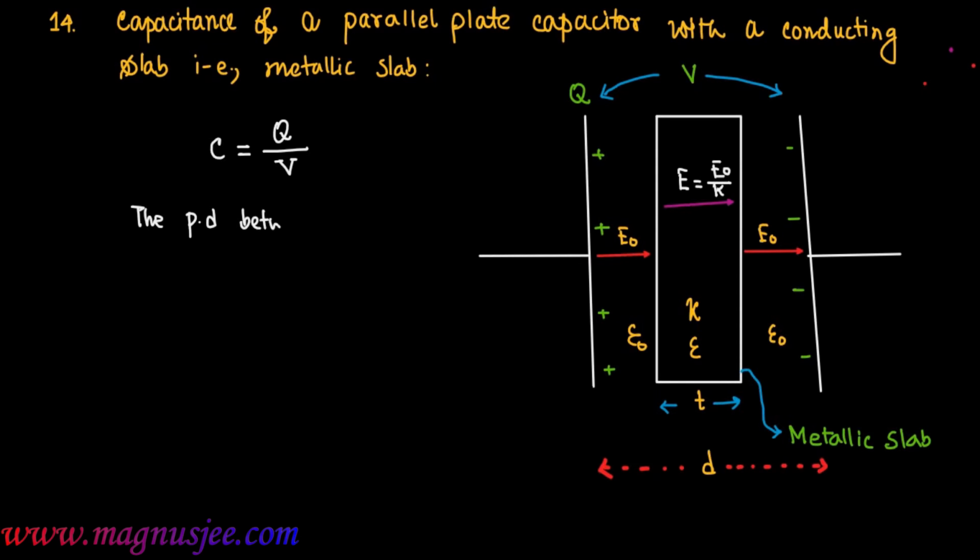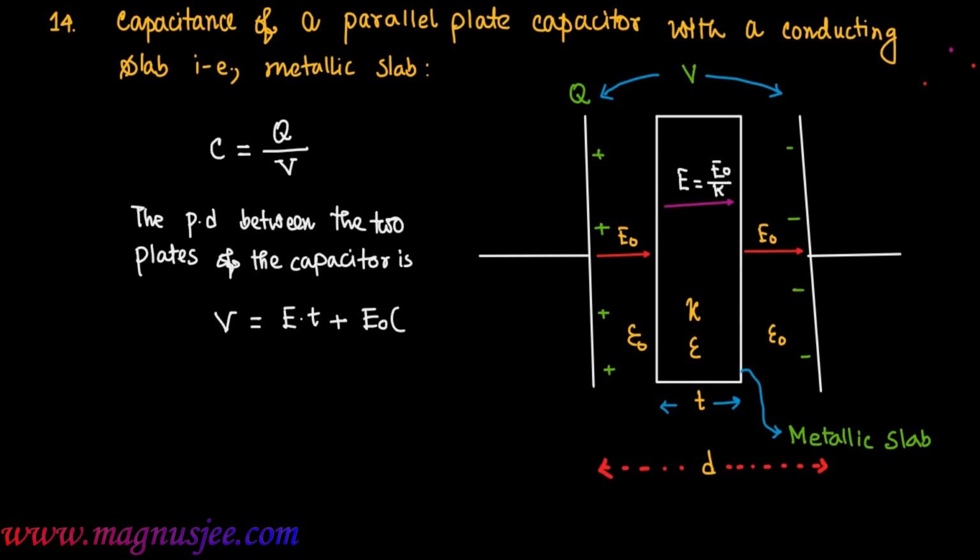The potential difference between the two plates of the capacitor is given by V equals E into t, field intensity into thickness, plus E0 into (d minus t), where E is the field intensity acting inside the metallic slab and E0 is the field intensity acting outside the metallic slab.